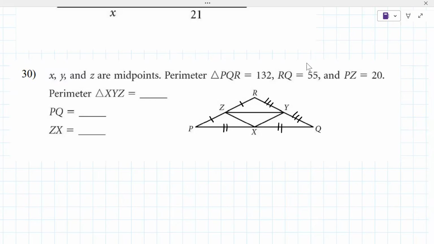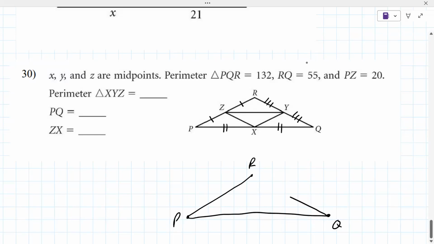Do you have a calculator or something you could tell me the result of that, please? Yeah. 27.5. Okay, very good.